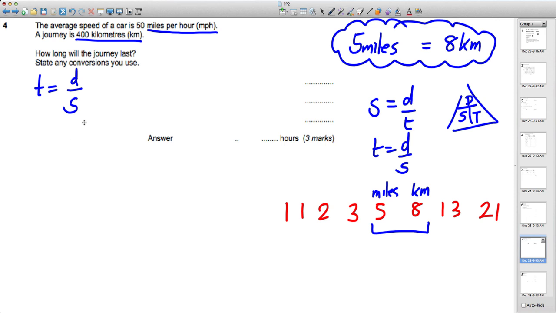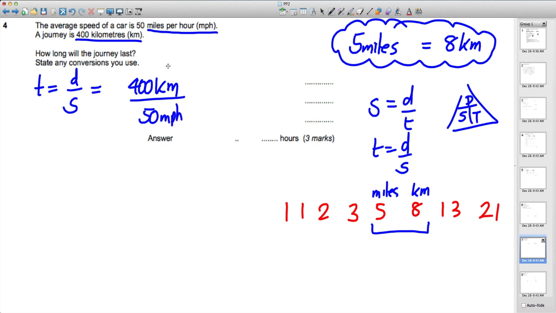Right. So I suppose it would be easier to convert 50 miles an hour into kilometers an hour, wouldn't it? That would be equal to 50 miles per hour divided by 400. Sorry, I've done this the wrong way around. The distance is 400 kilometers divided by 50 miles per hour.